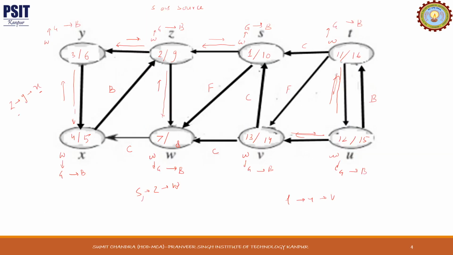For the sake of explanation, in the same example, if we choose some other vertex as source vertex, let's see what will happen. I am explaining this once again.